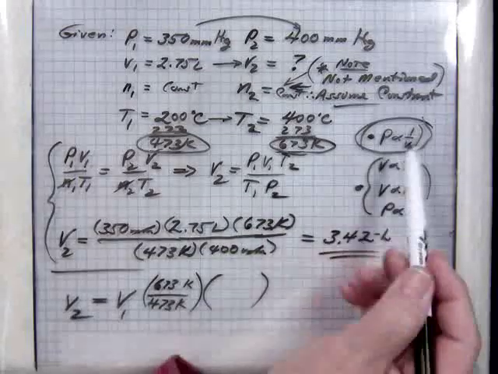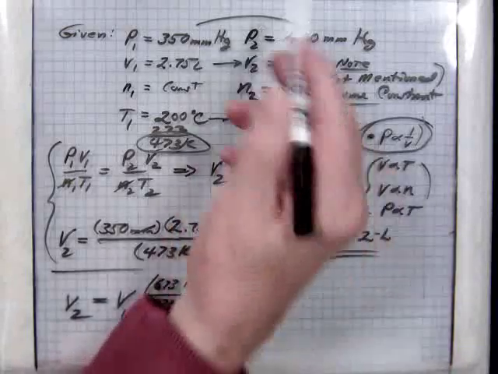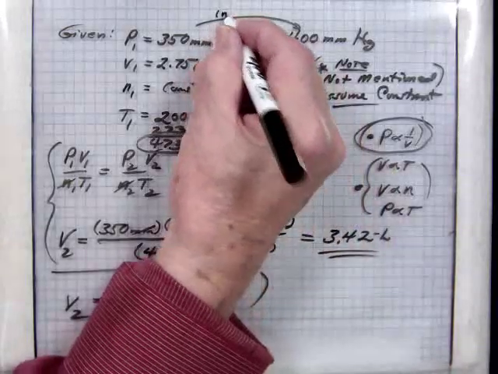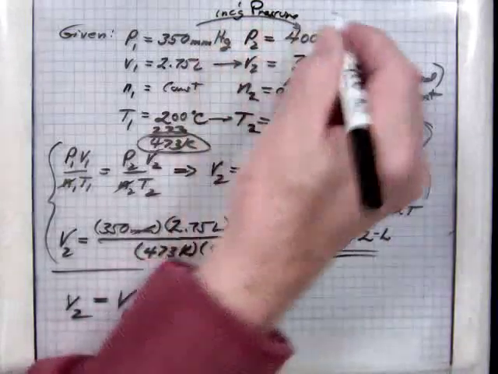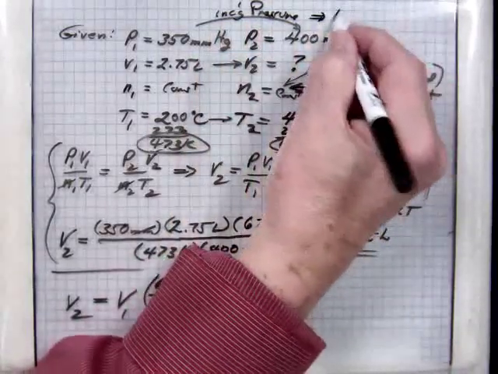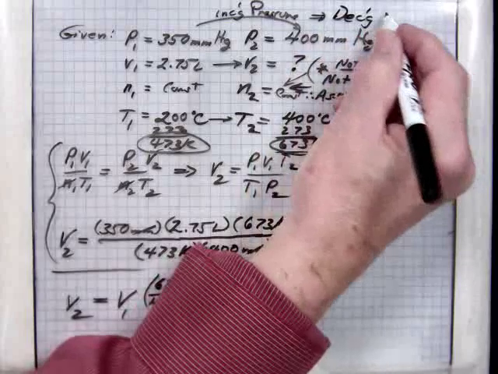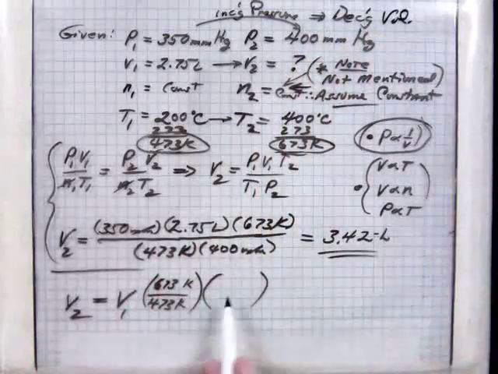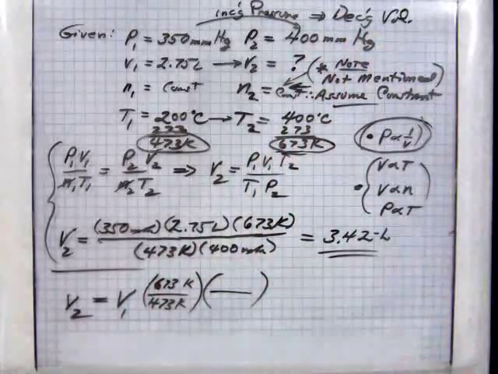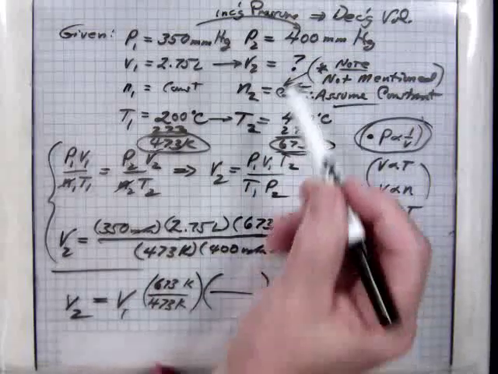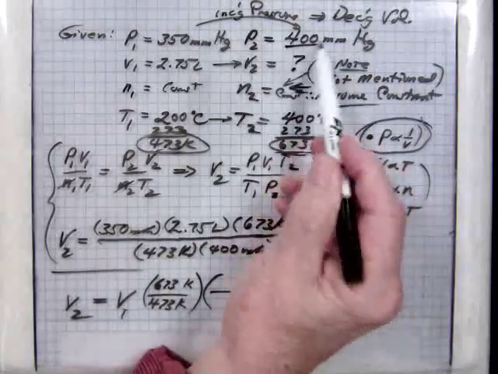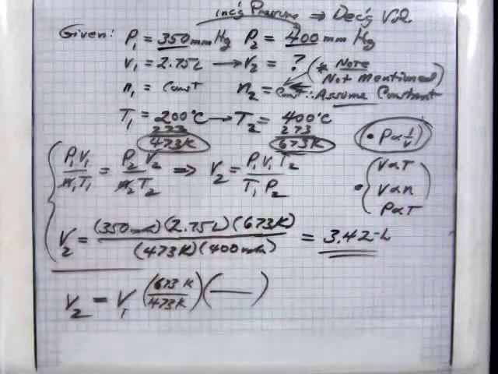So if you're working with pressure and volume, this is an increasing pressure. This is ultimately going to cause a decreasing volume. So you need a pressure ratio that will decrease that volume. And so would that be 400 over 350 or 350 over 400?